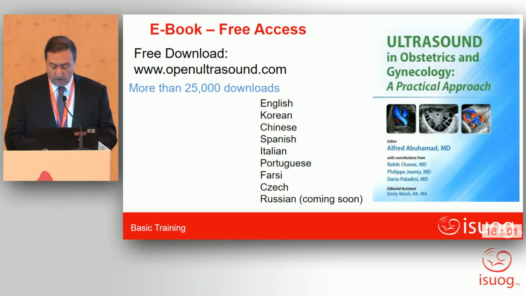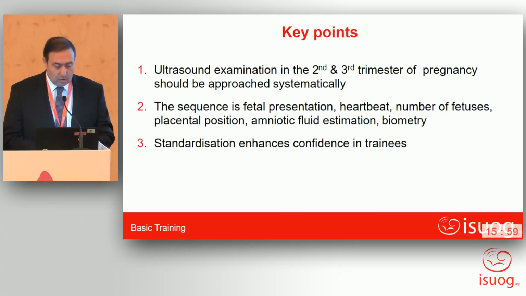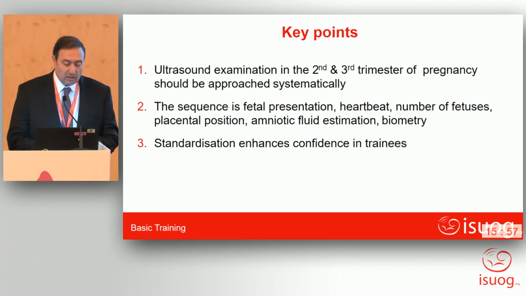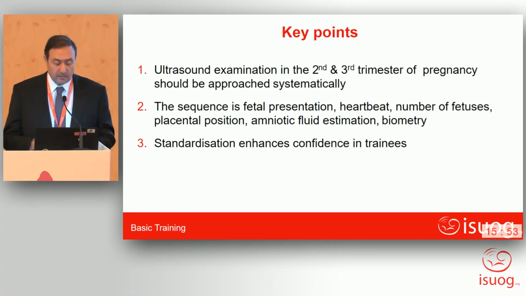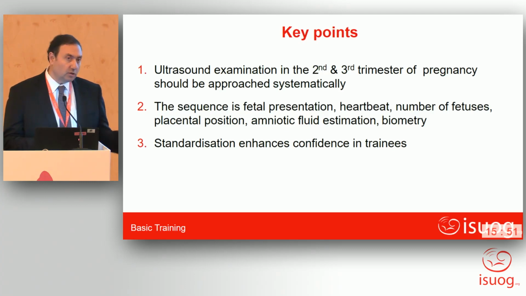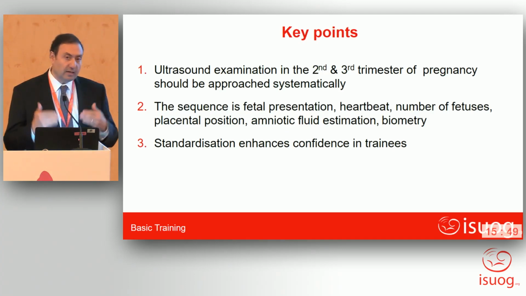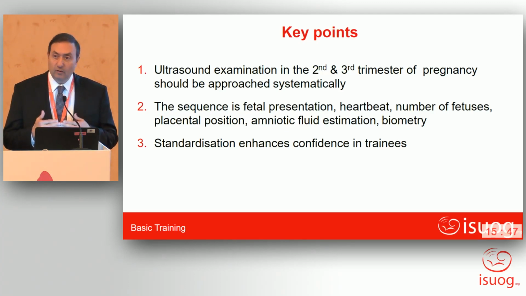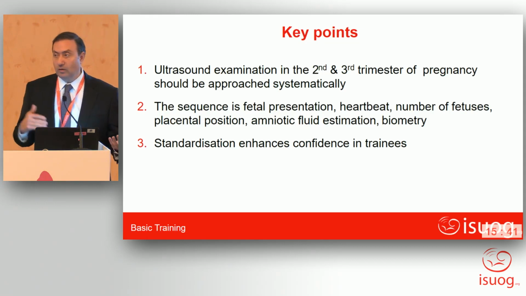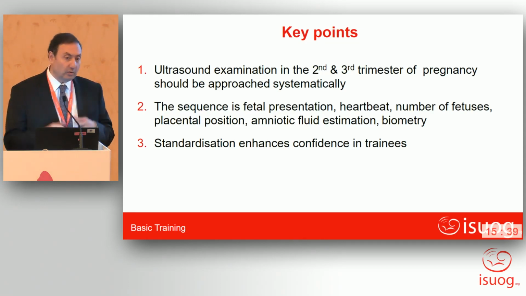to your trainees. So the key points from the presentation: the ultrasound exam in the 2nd and 3rd trimester of pregnancy should be approached systematically. If you teach how to standardize the ultrasound exam and follow these 6 steps, you can take somebody who has never performed an ultrasound and within 1 week get them to do that basic aspect of the ultrasound exam.